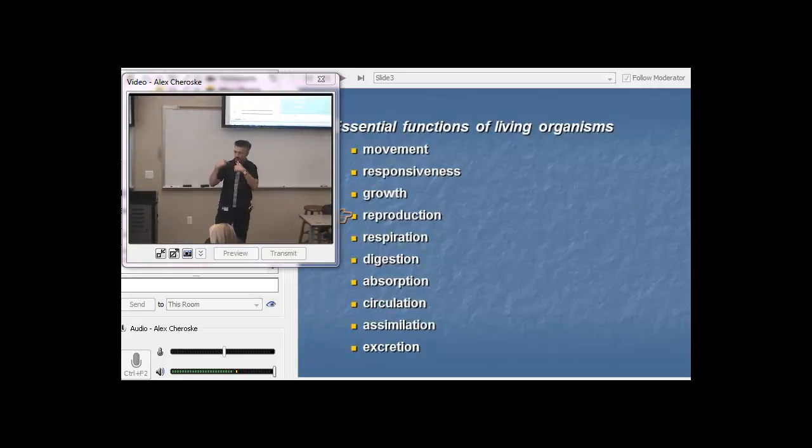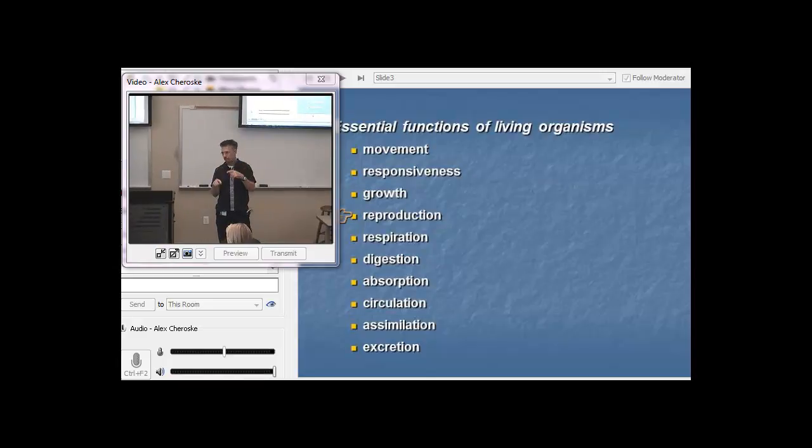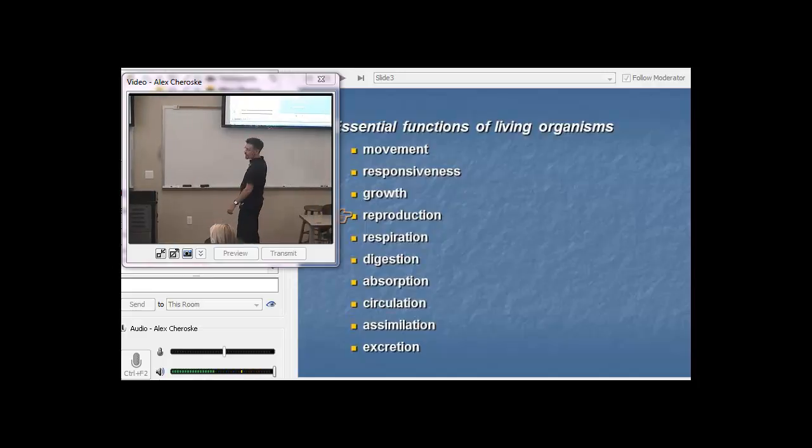Red blood cells that are going around in you only last about 4 months before they wear out. So our bone marrow cranks out like 2 million new red blood cells every second in order to replace those that are wearing out. And so we've got to reproduce cells all the time to replace those that are wearing out or that are removed or whatever. So reproduction is going to be important too.